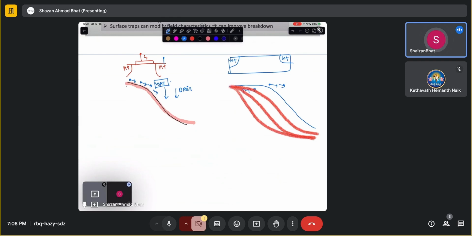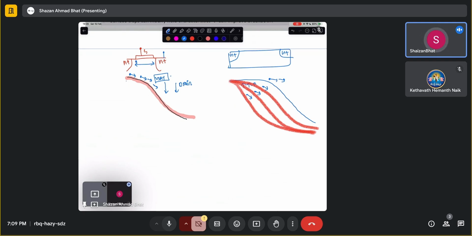As you go on reducing it, the band diagram will look like this, and you have more and more electrons moving with that maximum saturation velocity. That's why you get a faster device as you lower this particular dimension. That means you get a higher maximum frequency, which is determined by how fast an electron can move from the source region to the drain region.